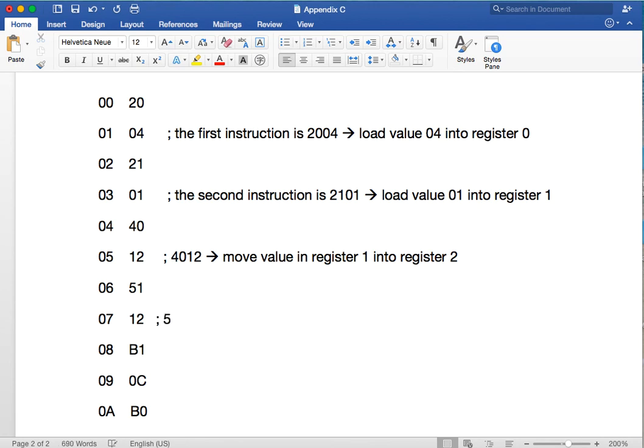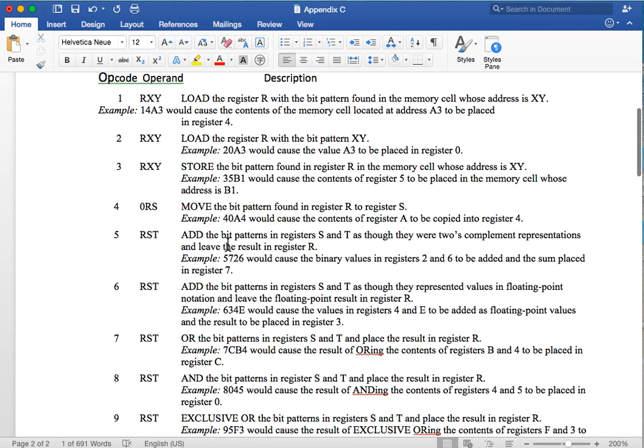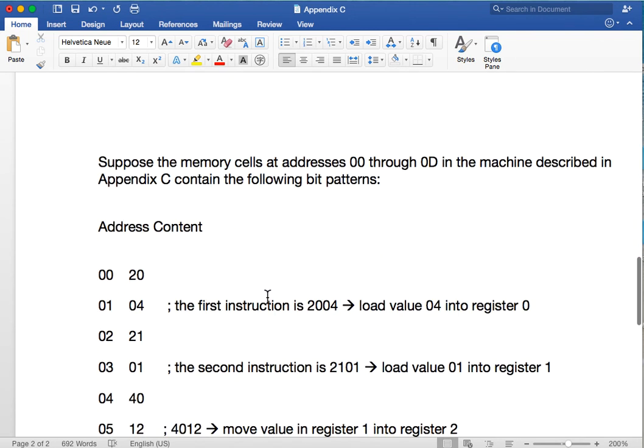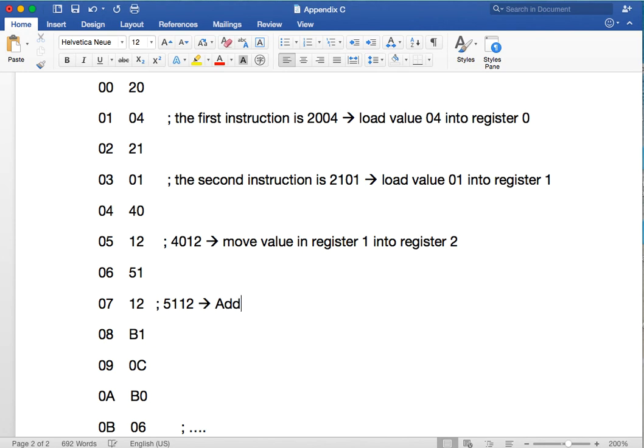For example, the next instruction is 5112. Now 5 means add, right? So this 5 is add. You will add the values in registers S and T and store the result in R. So this means add the values in register 1 and register 2 and store the result in register 1.